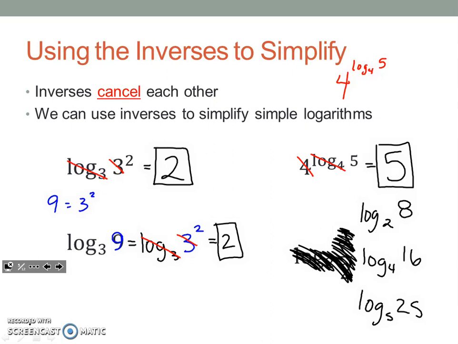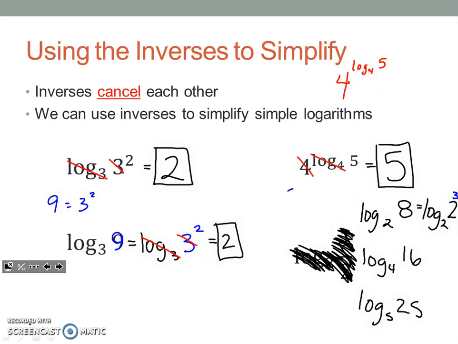Okay, so our first step, log base 2 of 8. I've got to rewrite this so that it has a base of 2. So how can I rewrite 8 so that it has a base of 2? Well, 2 cubed.